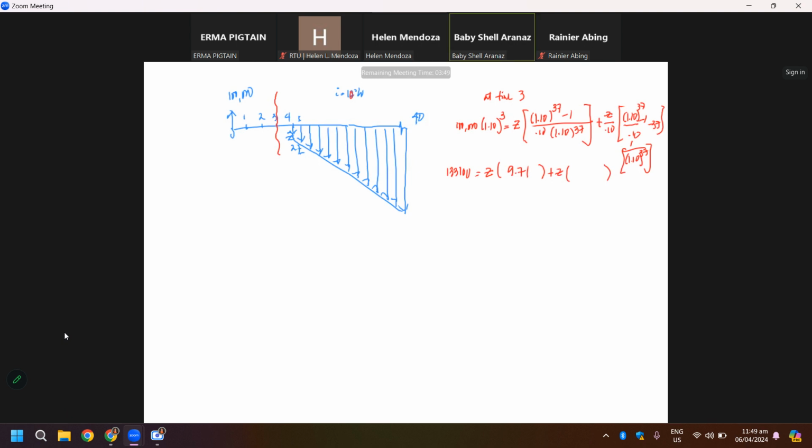Bakit ganun, ma'am? Parang ang baba ng nakuha. Mahaba talaga, ma'am. Kasi may i-divide mo pa siya by 0.1.